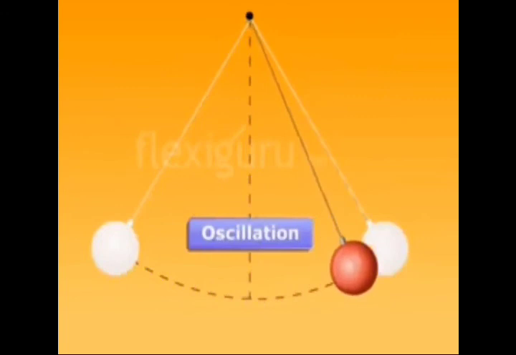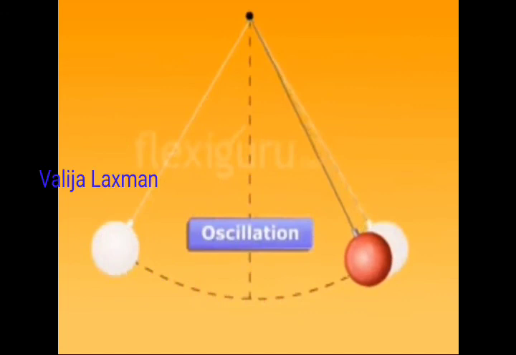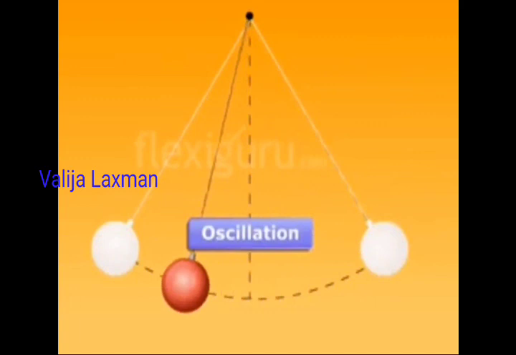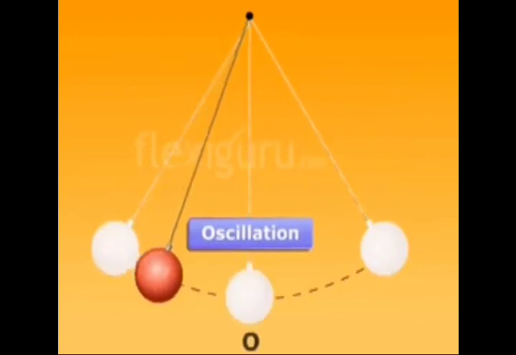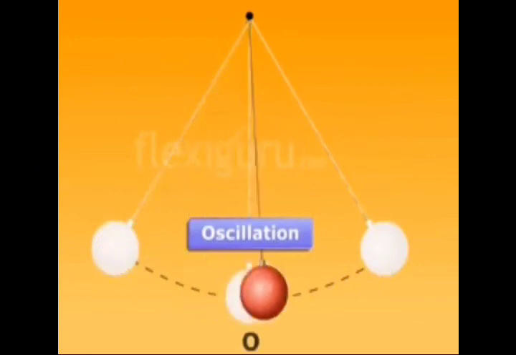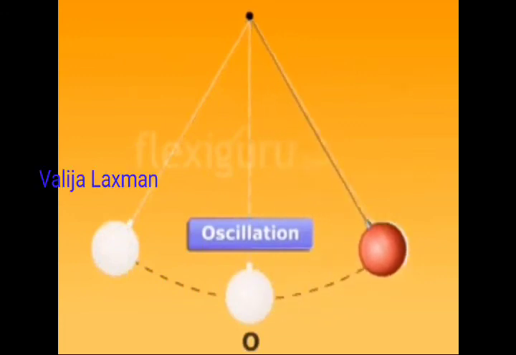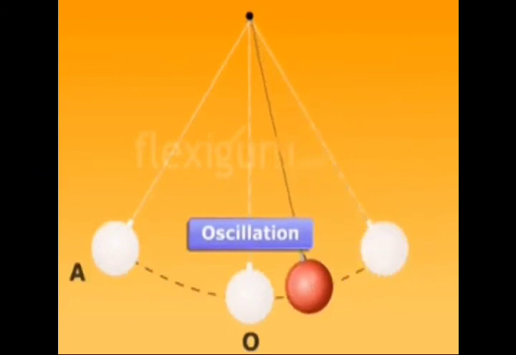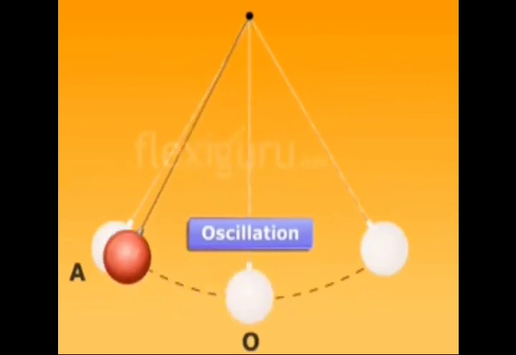For example, it takes 1 second to go to the right side, and now starting from the right side to go to the left side, that is to the starting point, again it takes 1 second. So the total time taken to complete one oscillation is 2 seconds. So going to the right side 1 second, coming to the left side 1 second. How much time has it taken? 2 seconds. So for completing one oscillation, it has taken 2 seconds.